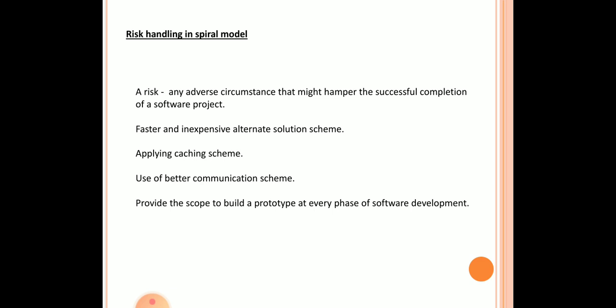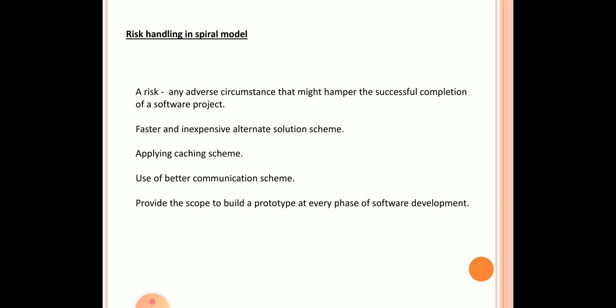The spiral model provides direct support for handling such risk by providing the scope to build a prototype at every phase of the software development. By developing the prototype at each phase, we can cope with the risk in a certain manner, because it provides a faster and inexpensive alternative solution scheme, by applying a caching scheme or communication scheme.